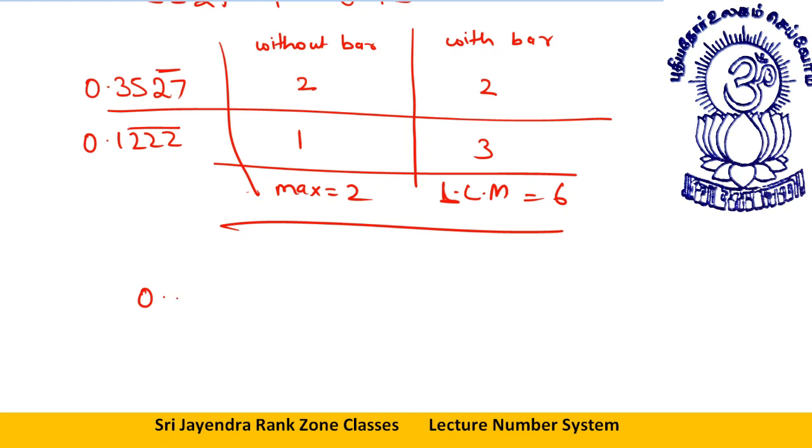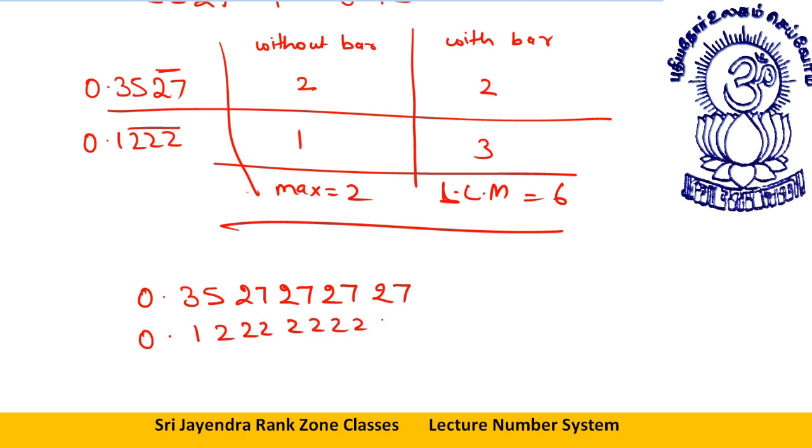I will write 0.3527 bar means 272727. Then 0.1, this is repeated, 2727. Okay.